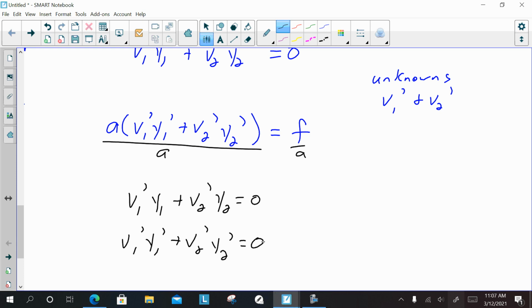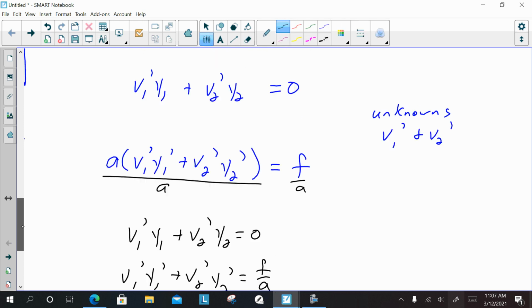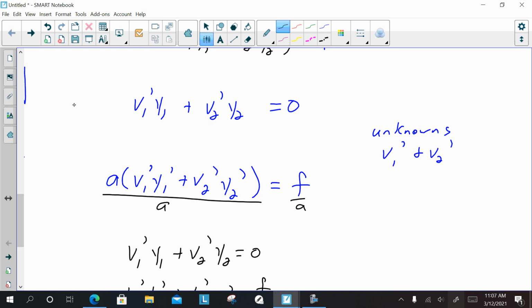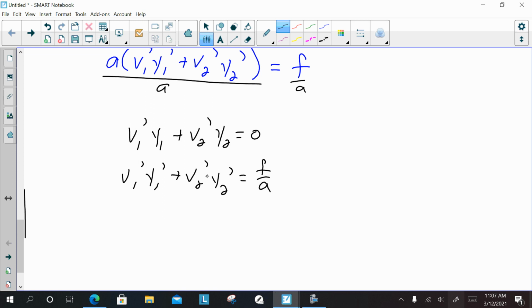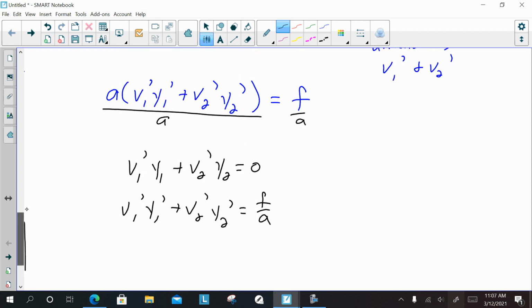For the bottom one, I keep on writing 0. That's not 0, that's F over A. So let me make sure I wrote it correctly. The bottom one, if we divide both sides by A, we have this part: V1 prime, Y1 prime, V2 prime, Y2 prime.